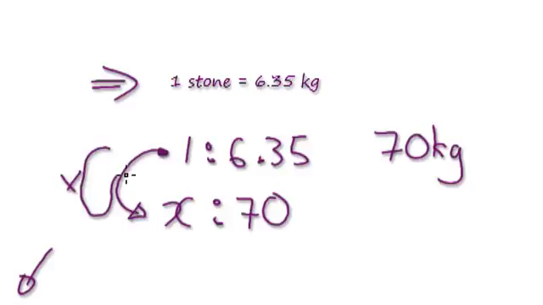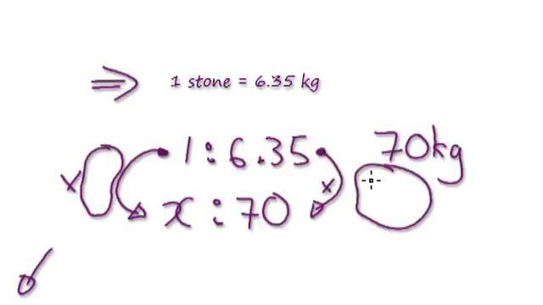You need a multiplier. You can get that multiplier by using this thing here. Remember, to work out the multiplier, it's always the destination divided by the original.